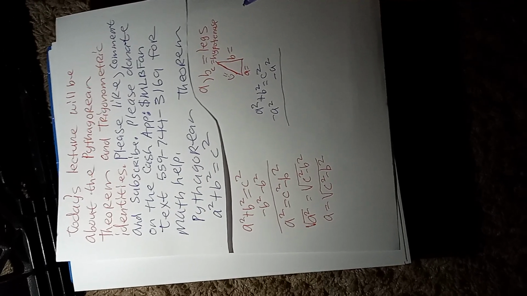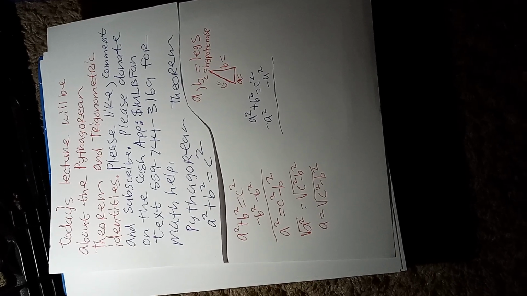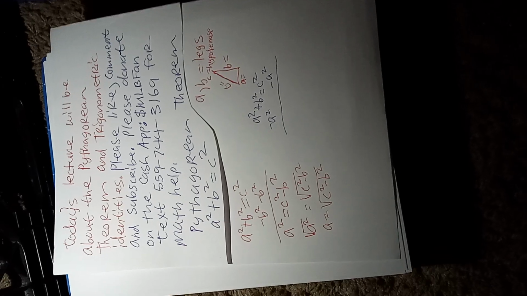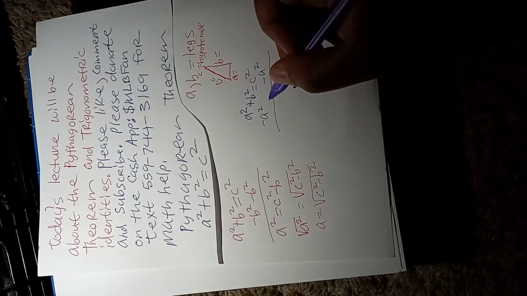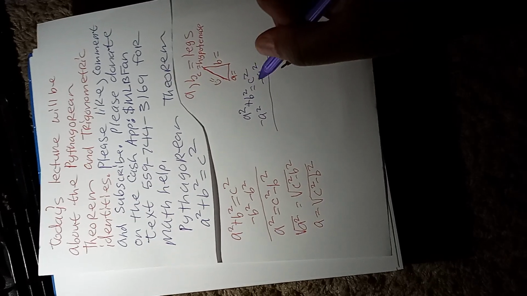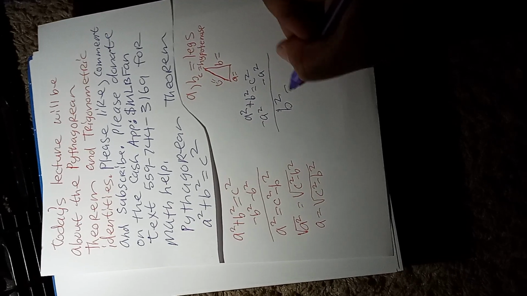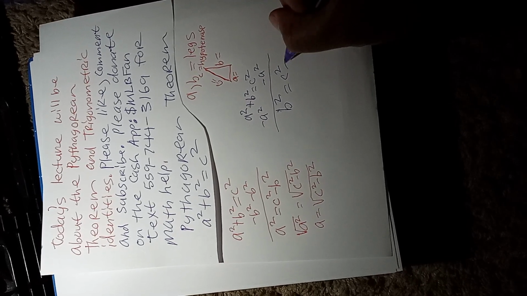This is according to PEMDAS: parentheses, exponents, multiplication, division, addition, and subtraction, or please excuse my dear Aunt Sally. And so we subtract a squared from both sides, and we're left with b squared is equal to c squared minus a squared.